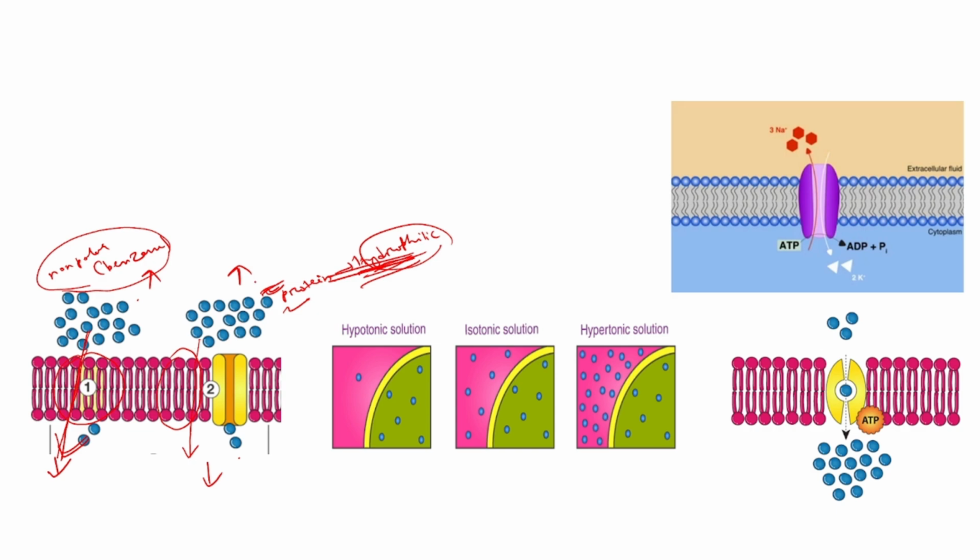So it needs some assistant, and this assistant is called a carrier. That means it needs some carrier for the transport of the molecule from the higher to lower concentration. So this is called facilitated diffusion.